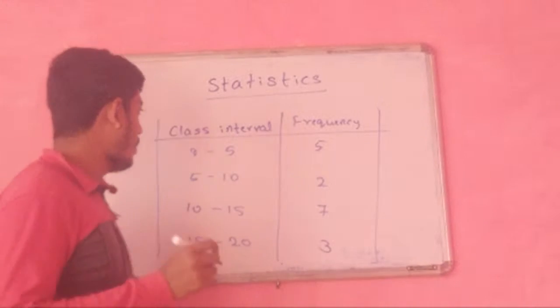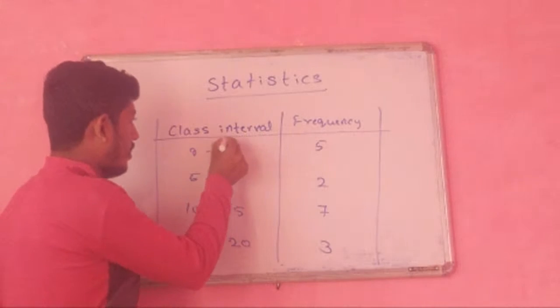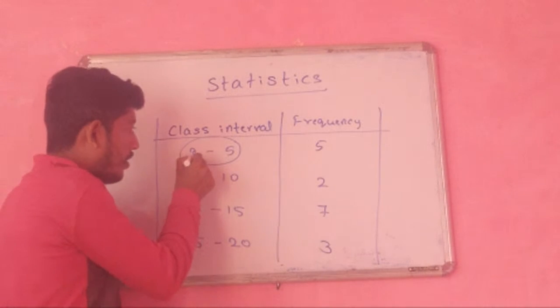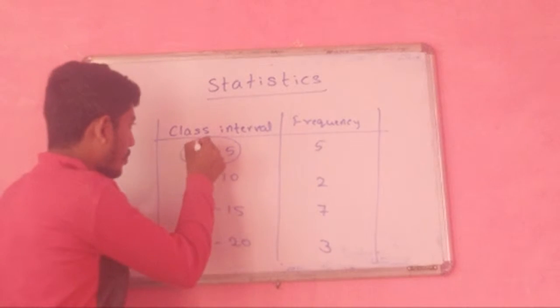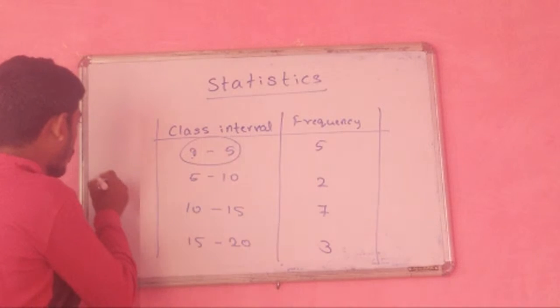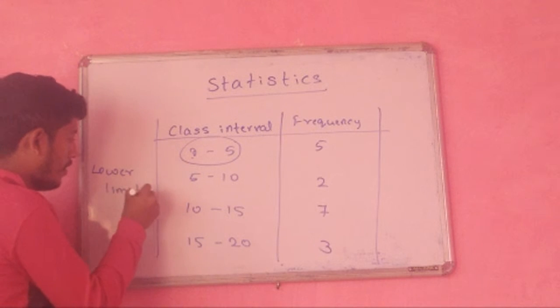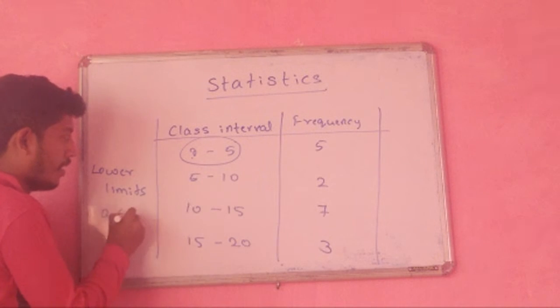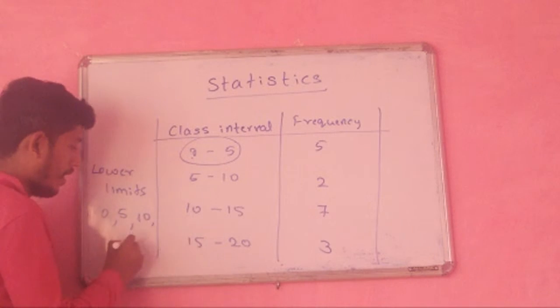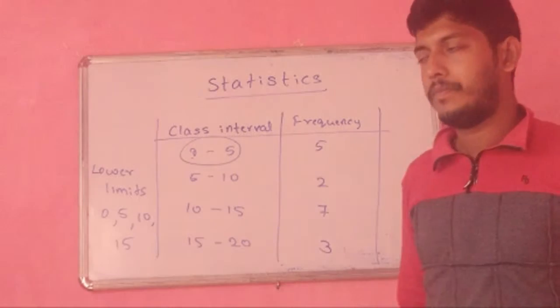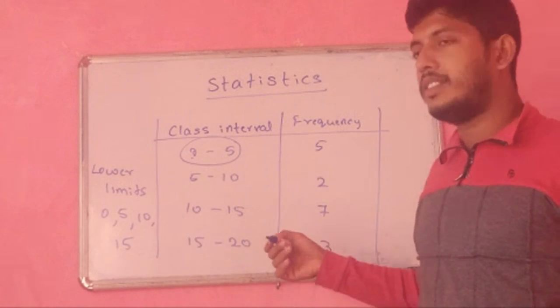Okay. So if you consider one class interval, this is the lower limit. Here the lower limits are 0, 5, 10 and 15. And next I will consider the upper limit.